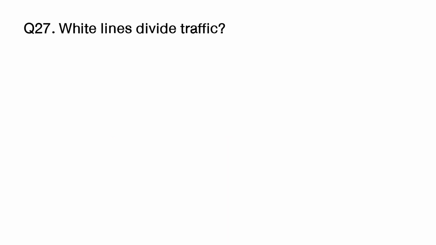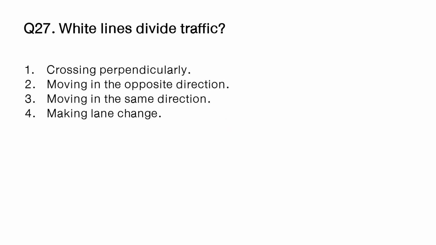Question: white lines divide traffic. Option number 1, crossing perpendicularly. Option number 2, moving in the opposite direction. Option number 3, moving in the same direction. Option 4, making lane change.